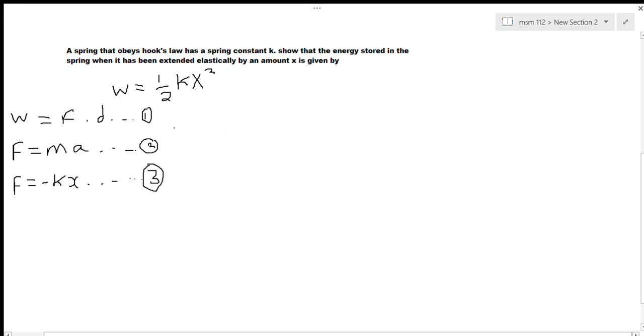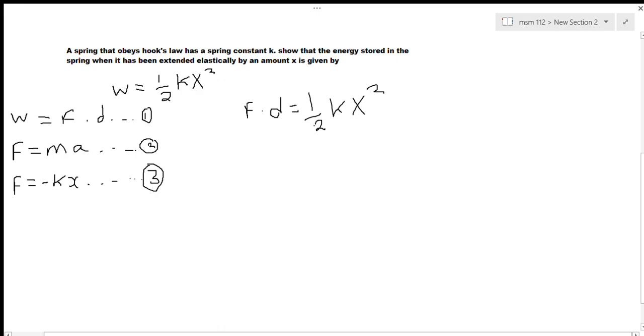And we can go ahead and substitute. Where there is work there, we put Fd. Equation 1, substituting there, meaning we are going to have F times d is equal to half kx squared, like this.